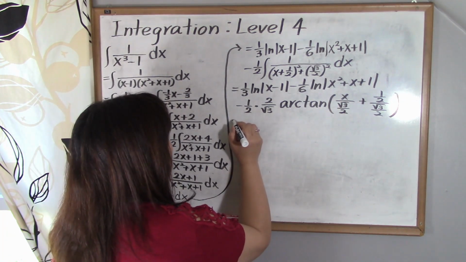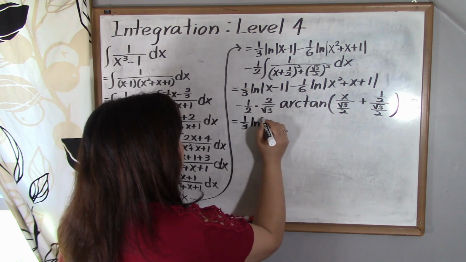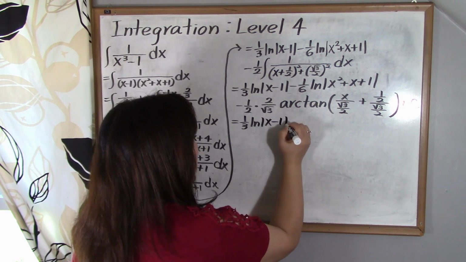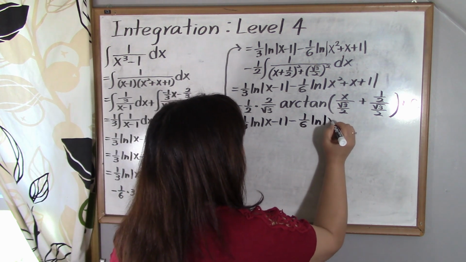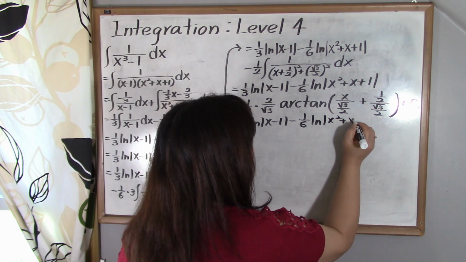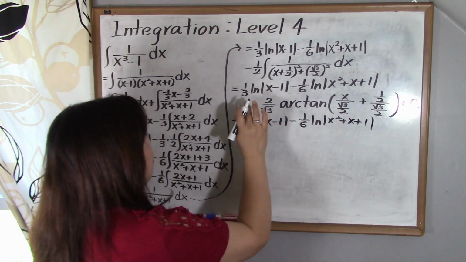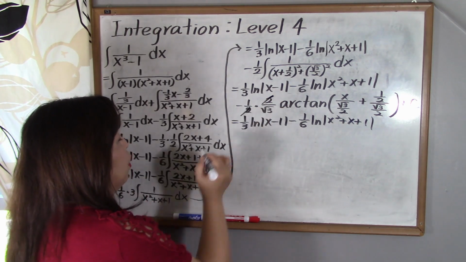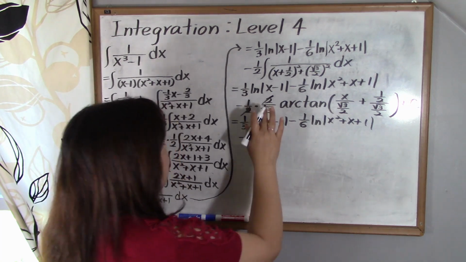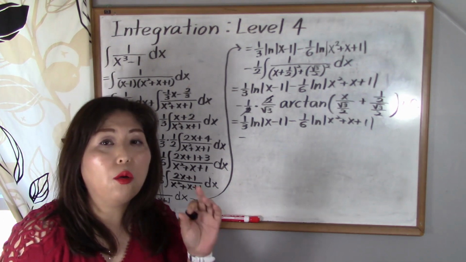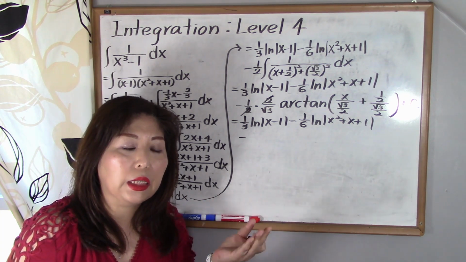So now I'm going to rewrite over here, is equal to 1 over 3 ln absolute value of x minus 1 minus 1 over 6 ln absolute value of x squared plus x plus 1. And then, so this and this will be gone, right? And it's going to be negative 1 over square root of 3. However, we can make it look nice.